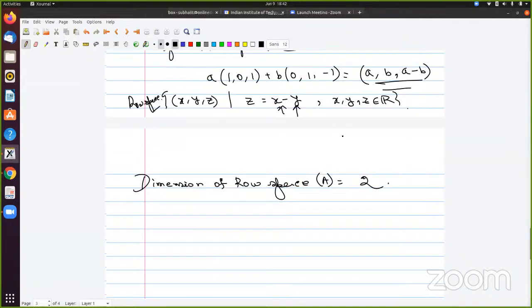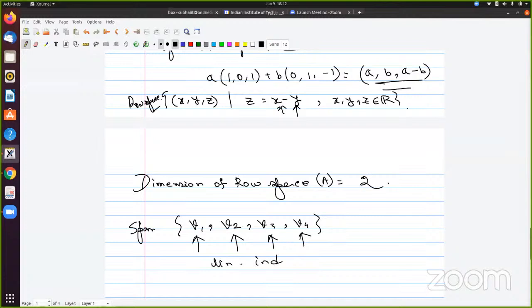So that is what I am saying. If you have some set V1, V2, V3, V4, suppose 4 vectors, if you calculate the span of this set and all these vectors are linearly independent, I mean this set is linearly independent, then the dimension of the span of this set is 4, sir.